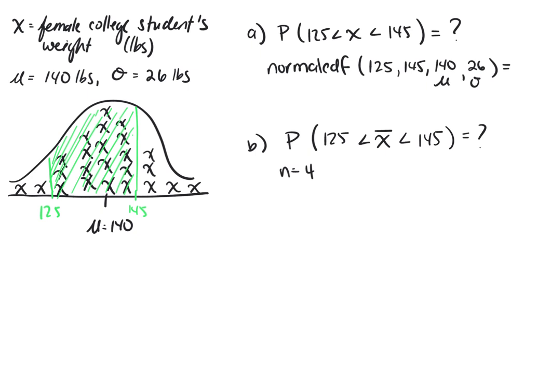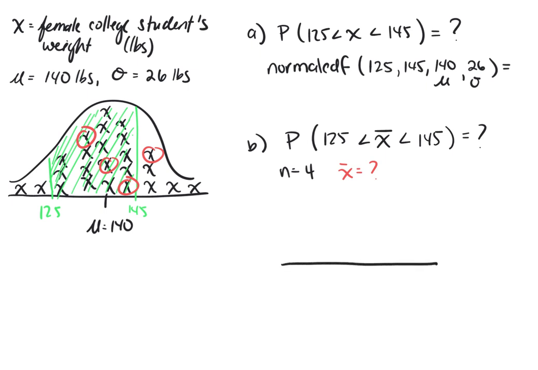So in question B, again, we're saying, what if I randomly select 4 x's? Maybe it's this x here, this x there, this x here, and that x there. If I take those 4 female college students' weights and average them together, what would that average be? And what if I were to repeat this process many, many times, where every single time I keep picking 4 random x's, so 4 random female college students' weights, and then calculate the average.